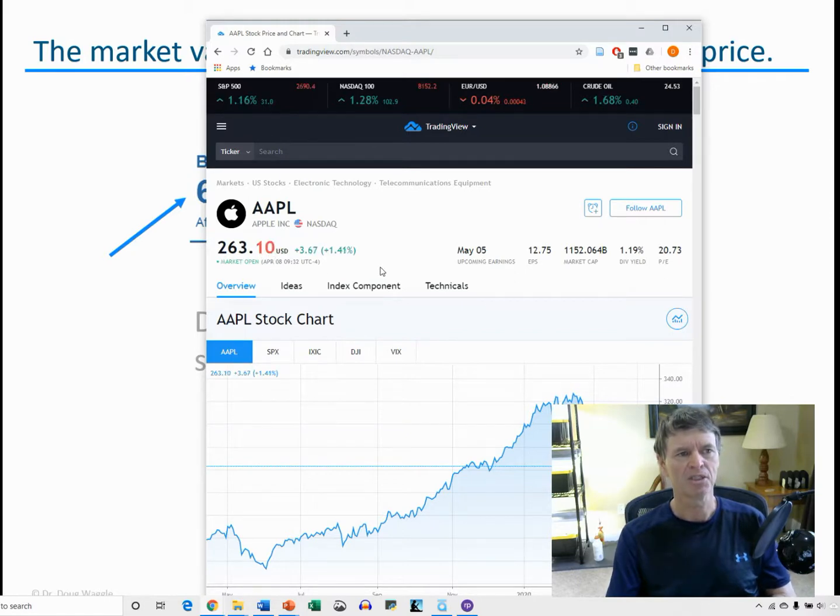So this changes throughout the day as investors are buying or selling. This is the last trade that was executed. This may be 15-minute delayed, but this is set constantly based on new information and supply and demand. Anything going on, price changes. Right now for the day, you can see Apple Computer's up a little over 1.4% versus where it closed the day yesterday.